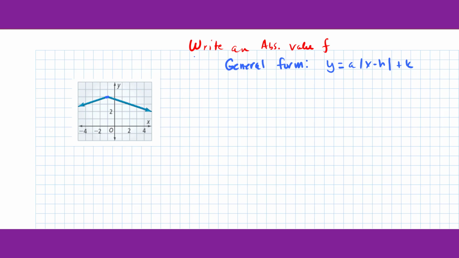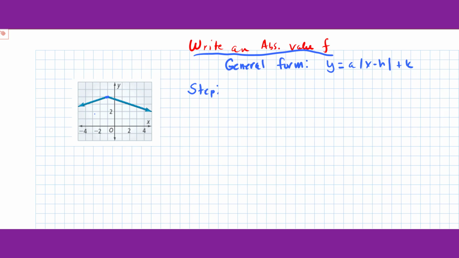All right, since we know how to graph them and we know how to identify the different component pieces of the general form of an absolute value equation, y equals a absolute value x minus h plus k, now what I want to do is take a graph, and we want to do 3 steps to write an absolute value function. So step number 1 is to identify the vertex of this absolute value graph.